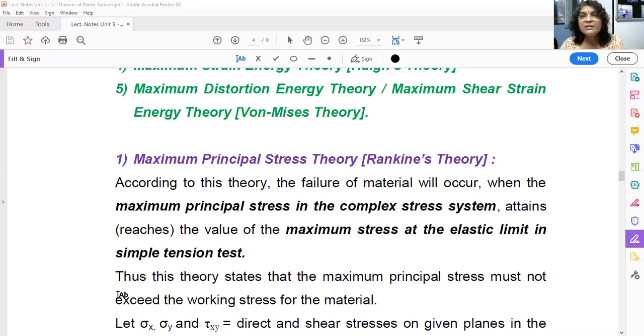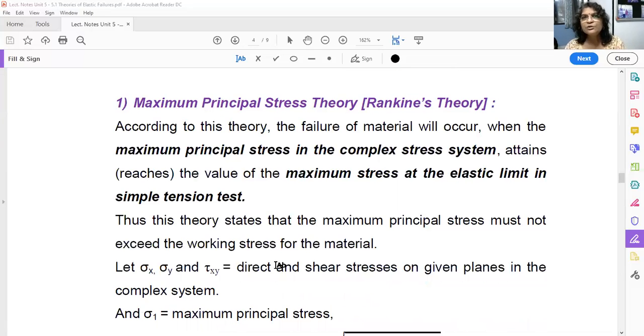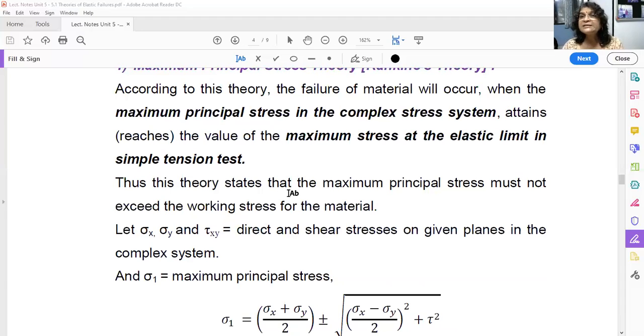So when the maximum principal stress in the complex stress system reaches the value of sigma permissible in the elastic limit of the simple tension test. See here, this theory states that the maximum principal stress must not exceed the working stress for the material. That means sigma 1 should not exceed sigma permissible. Sigma 1 should always be less than sigma permissible.